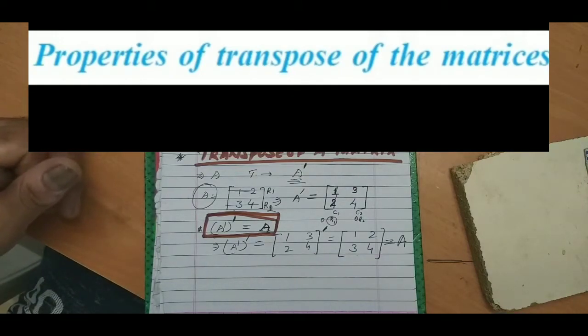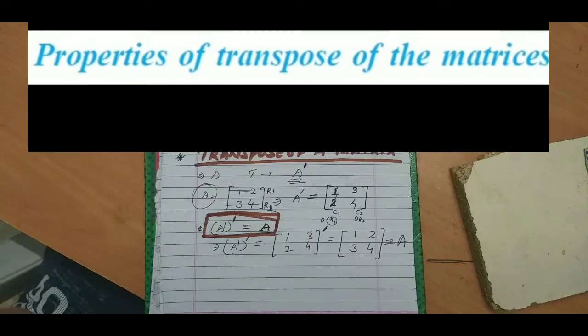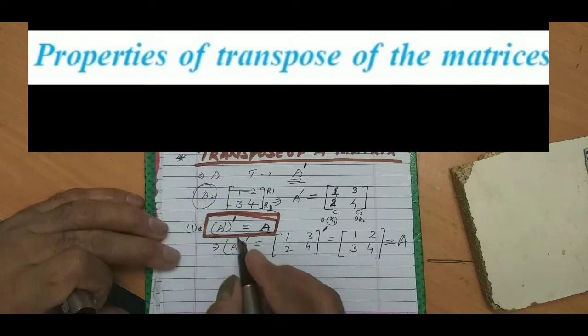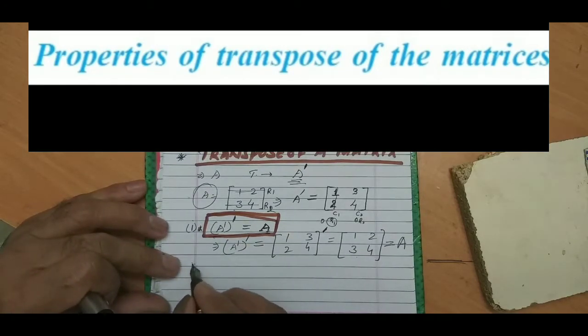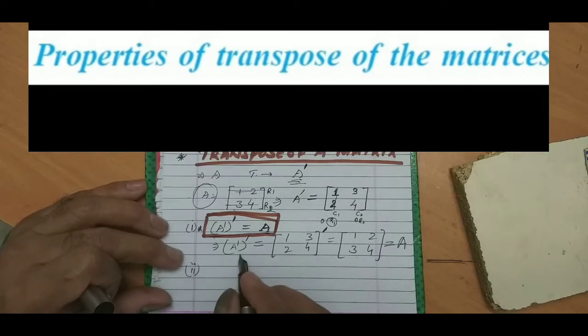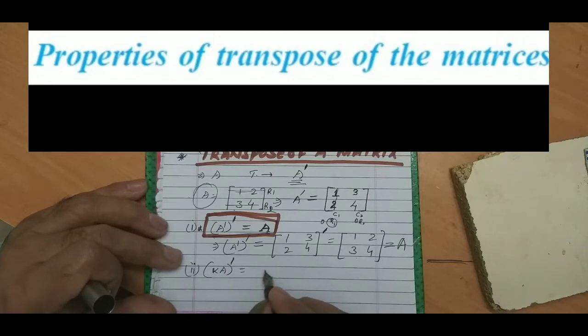Okay, clear? So now some more properties of transpose. This was the first one. The second property: if we multiply a constant to any matrix and take its full transpose, then the constant will come out, and that will be simply the transpose of the matrix.